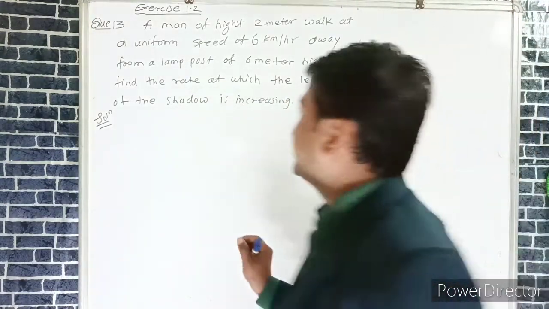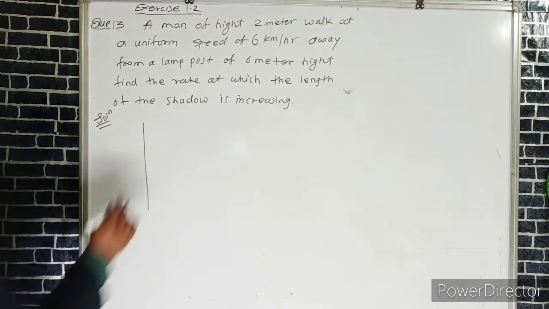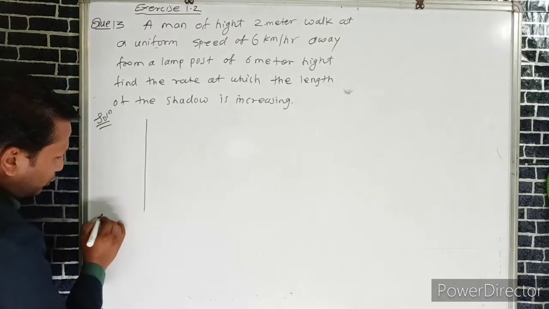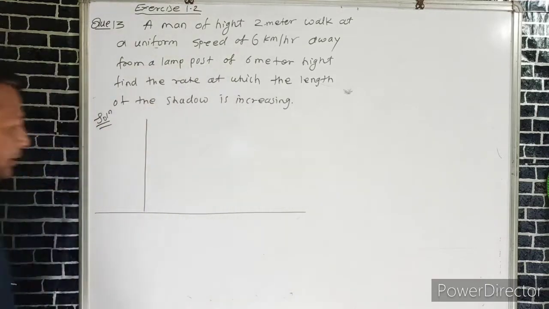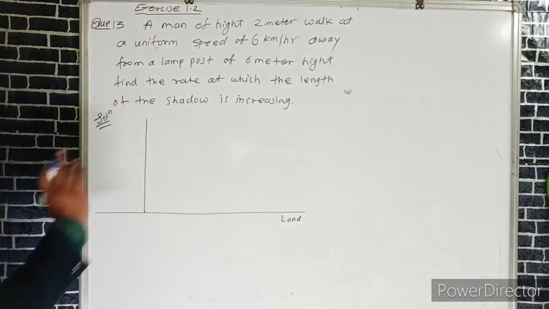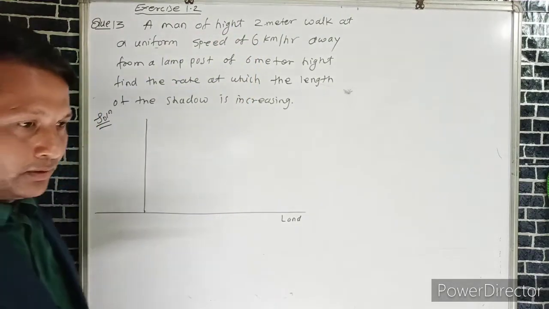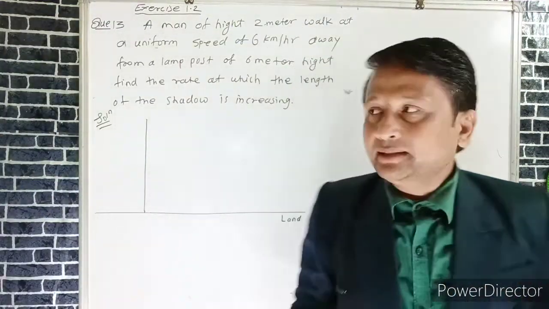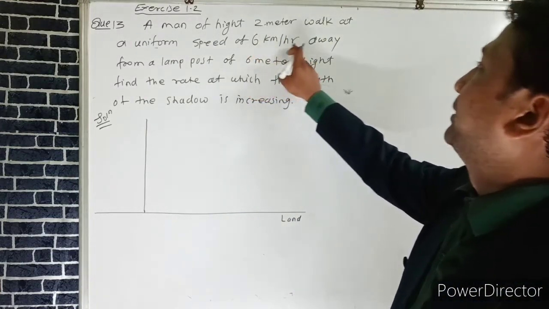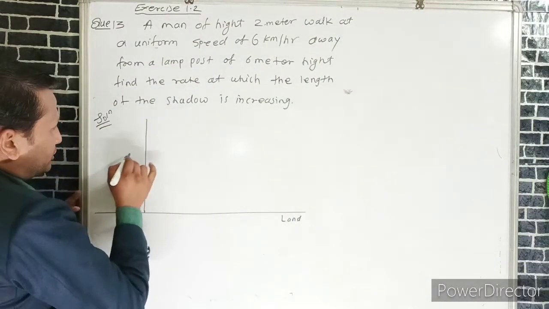So first we consider that here one is the lamppost, which is perpendicular to the land. It is land. It is lamppost. So a man of height 2 meter walks at a uniform speed of 6 km per hour away from the lamppost.